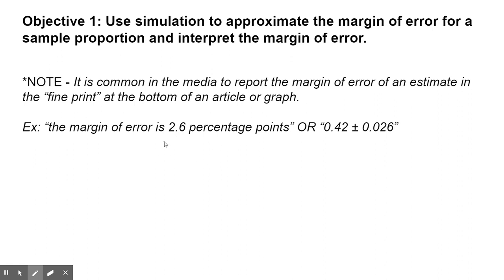Remember, proportions and percentages are essentially the same thing. This right here is in terms of proportions. There are no percentages, they're decimal values. If I were to take the same situation and make percentages, it would be 42% plus or minus 2.6%.